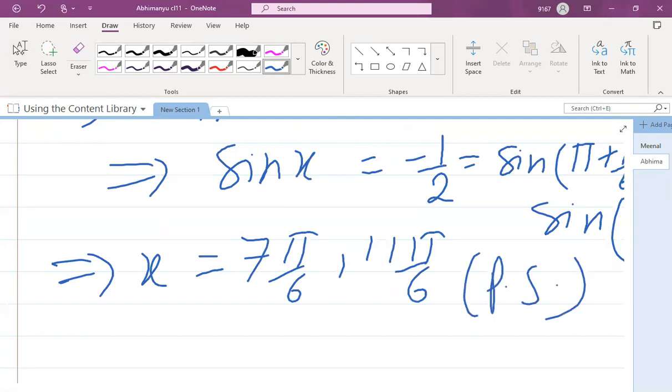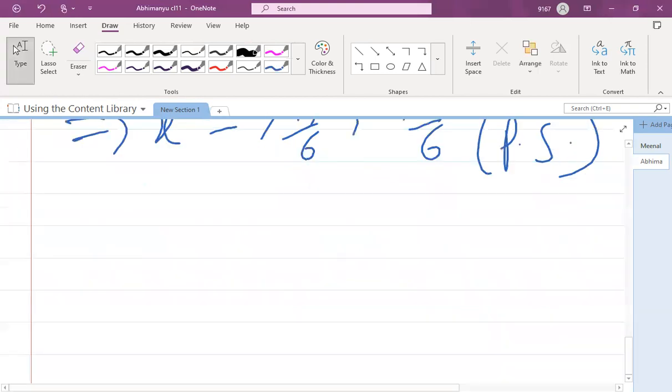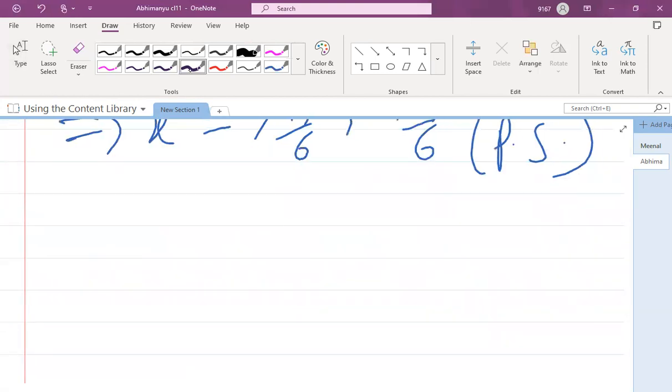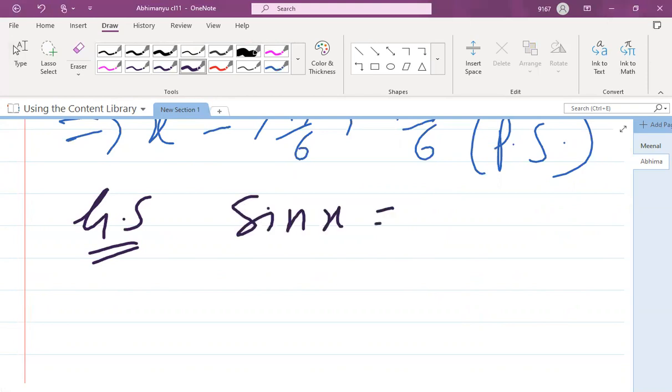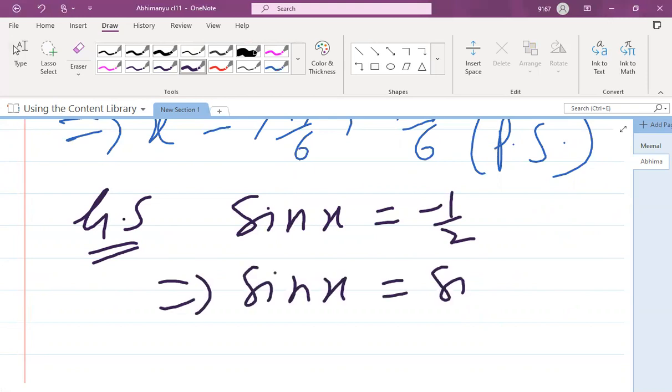Now coming to the general solution. Once we have found the principal solution, it's quite easy to find the general solution of the given trigonometric equation. So we have sin x equals -1/2. That means sin x equals sin 7 pi/6.